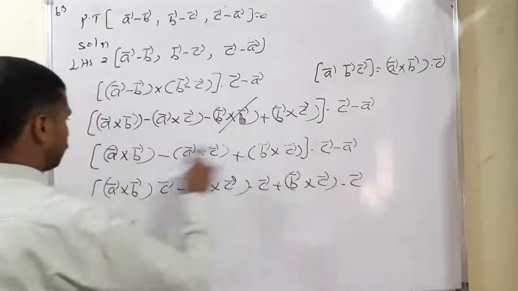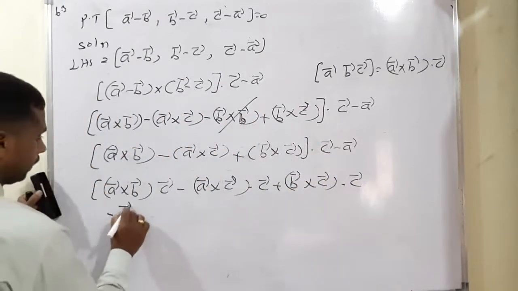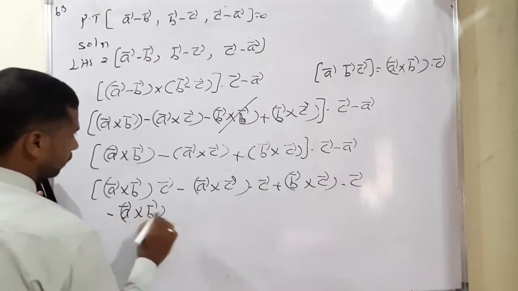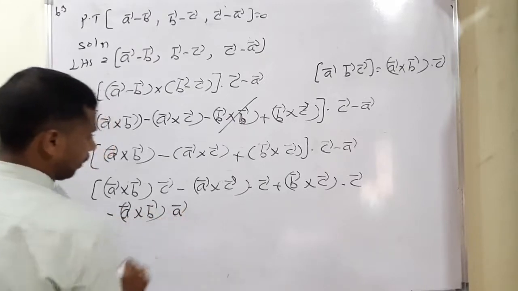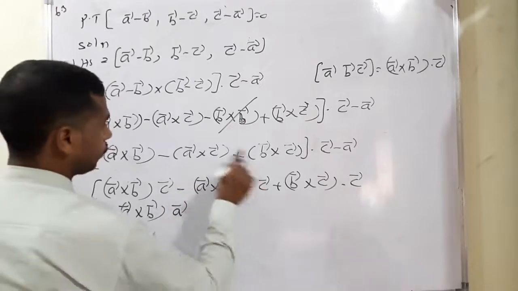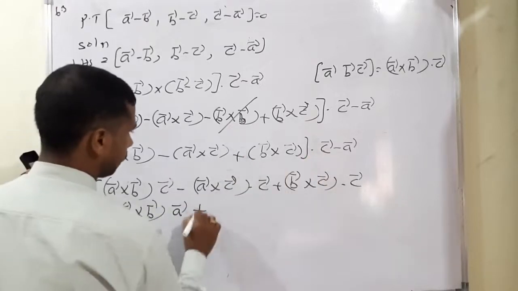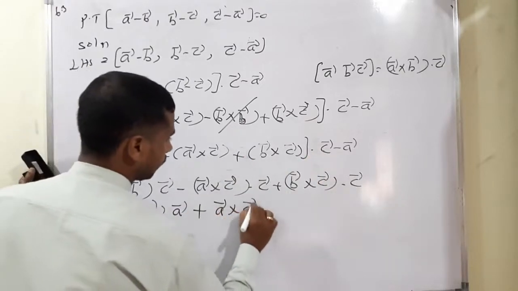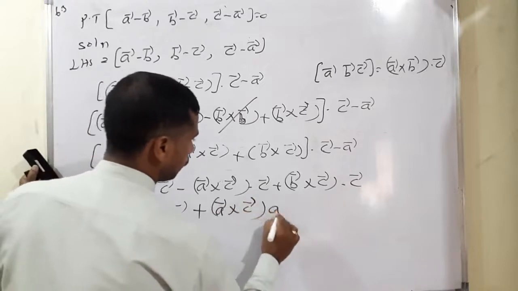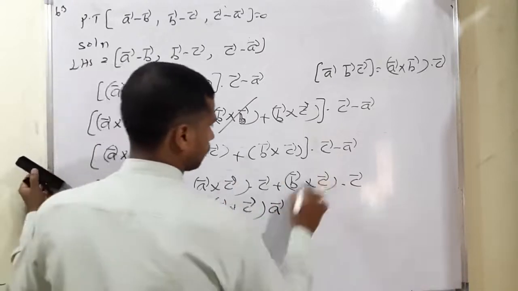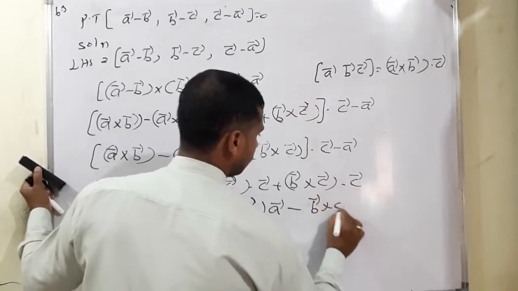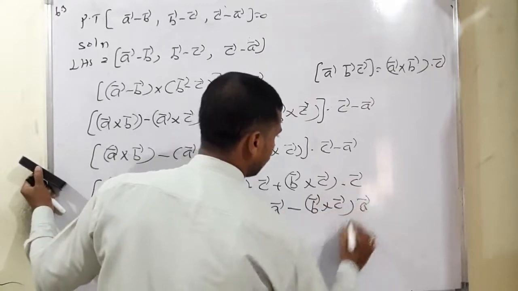Next, minus a vector cross b vector dot a vector, then minus into minus, plus a vector cross c vector dot a vector, again plus and minus, minus b vector cross c vector dot a vector.